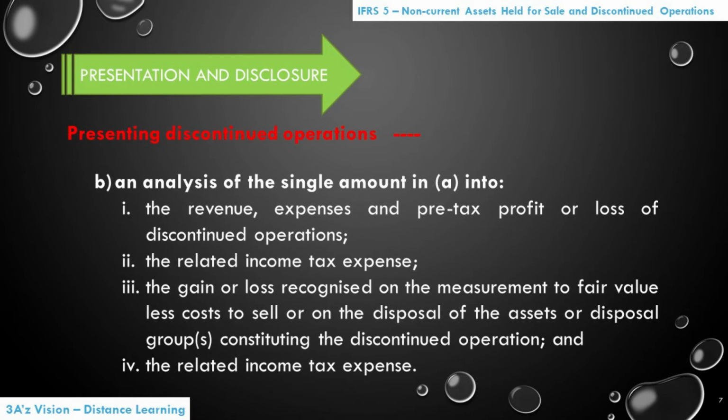An analysis of the single amount in (a) into the revenue, expenses, and pre-tax profit or loss of discontinued operations; the related income tax expense; the gain or loss recognized on the measurement to fair value, less costs to sell, or on the disposal of the assets, or disposal groups, constituting the discontinued operation, and the related income tax expense.